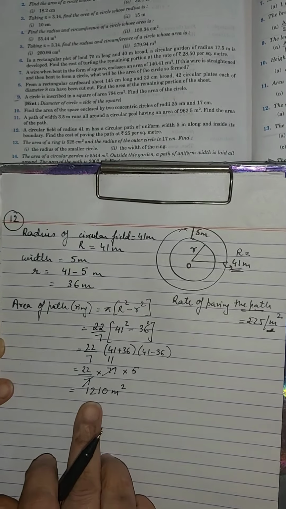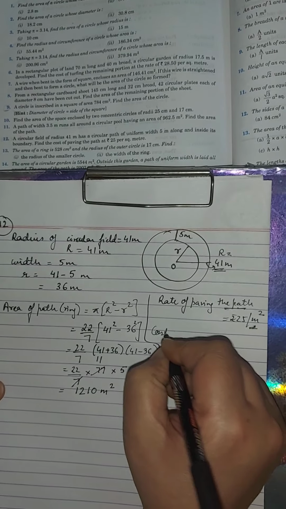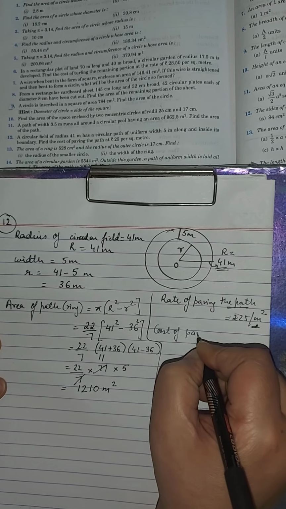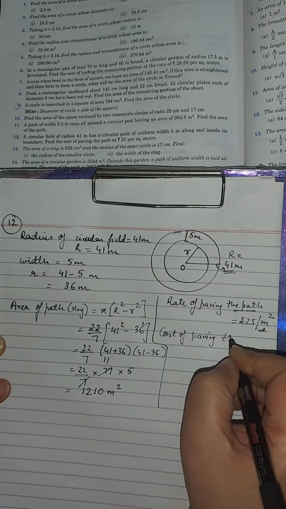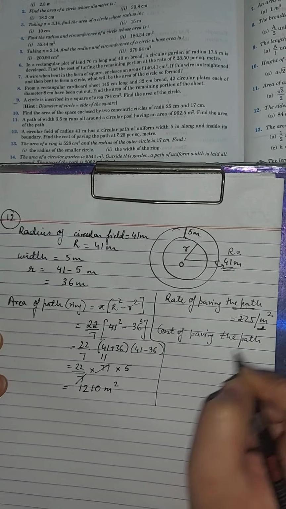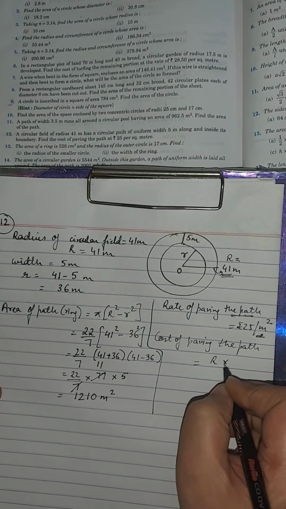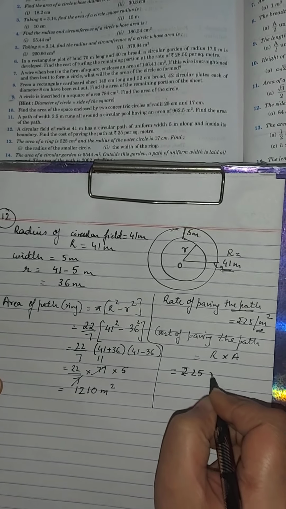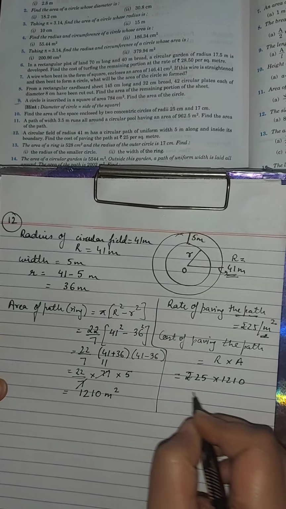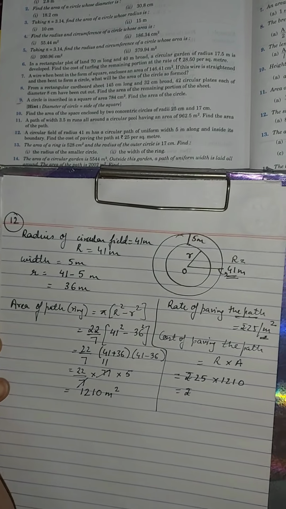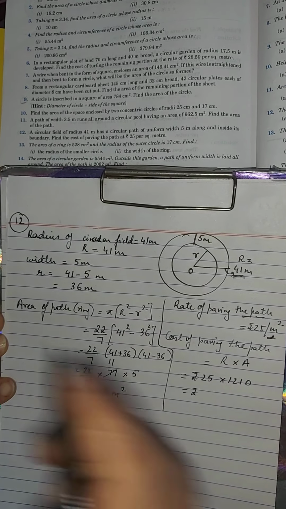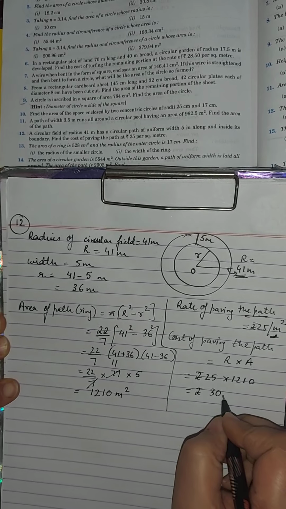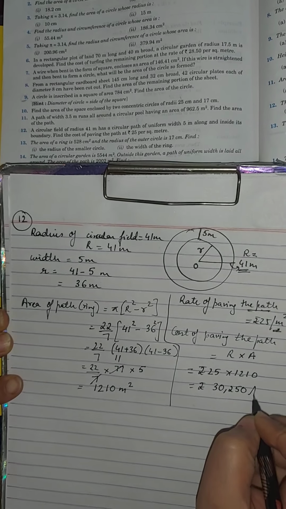Now you have to find the cost of paving the path. So formula for that will be rate into area. So rate is rupees 25 into area is 1210. So you will get 30,250 rupees.